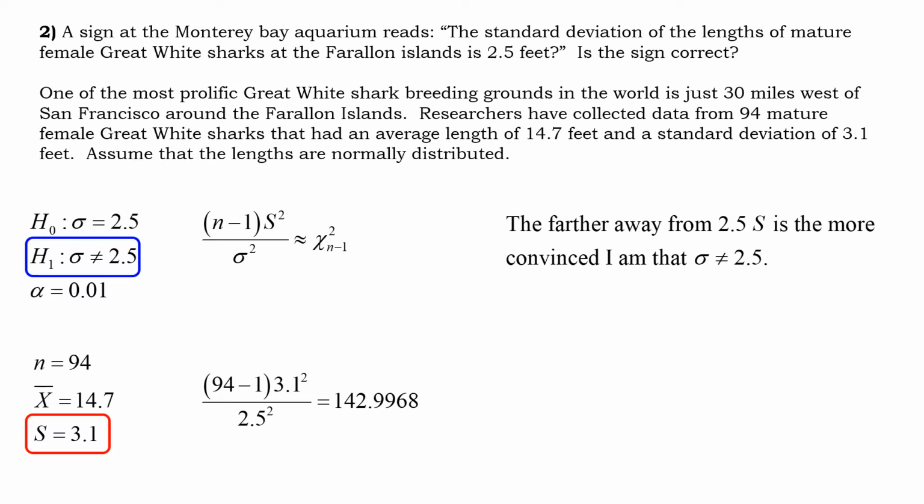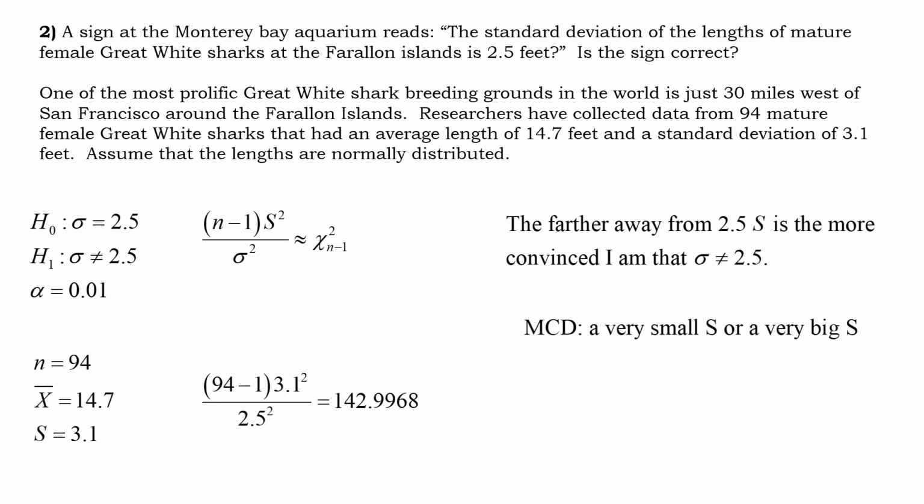The farther away from 2.5 feet my standard deviation is in the sample, the more convinced I am that the standard deviation of the population, sigma, is not 2.5 feet. So more convincing data in this case could be represented by a very small value of S, something way less than 2.5, or a very big value of S, something bigger than 2.5. Like 3.9 would be bigger than the 3.1 we have now.